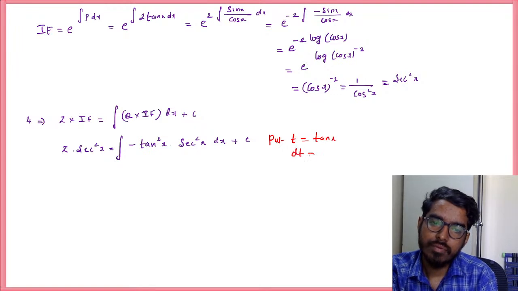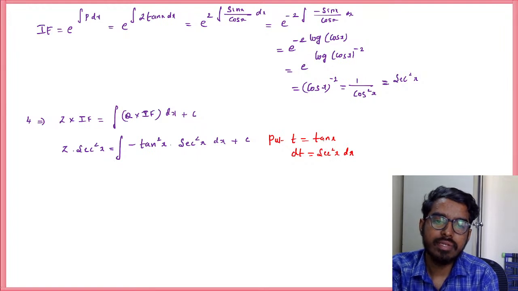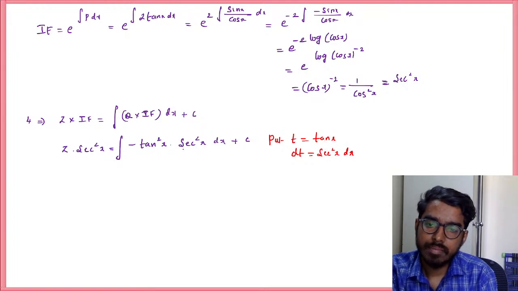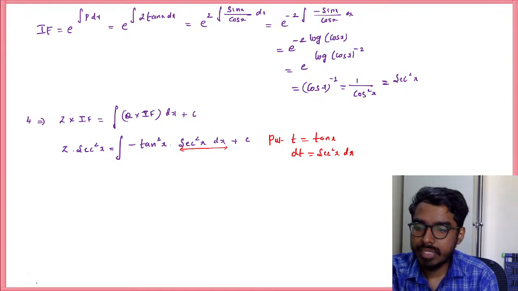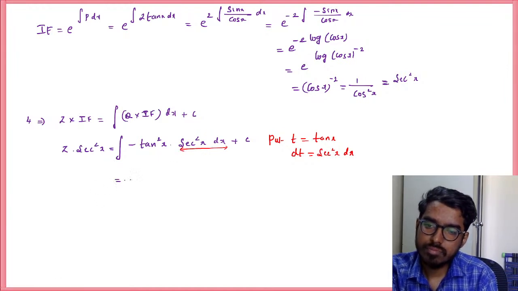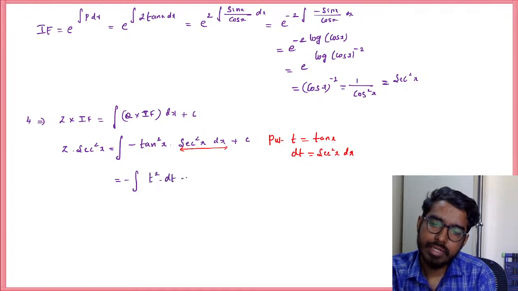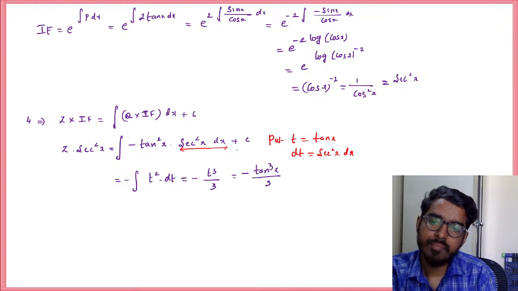Therefore your dt will be secant square x dx, since tan x derivative is secant square x. So it will be integration of tan square x, which is t square dt. So minus t cube by 3. Replace t by tan x: minus tan cube x by 3, right?